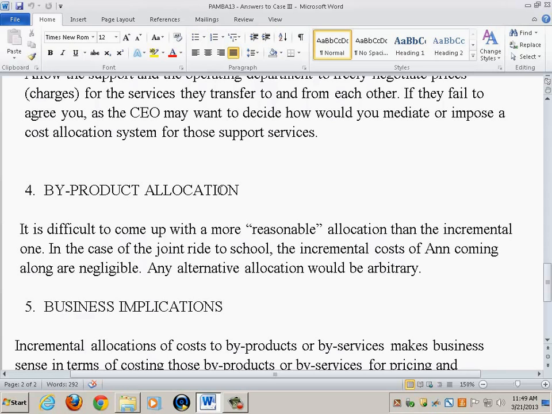If we take all the costs of driving there and divide it half by half, actually the driver will be making money on Anne because the incremental cost of driving there is negligible. So you may feel very funny doing it to your friend.